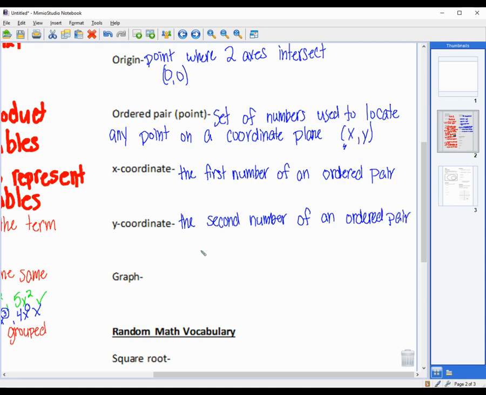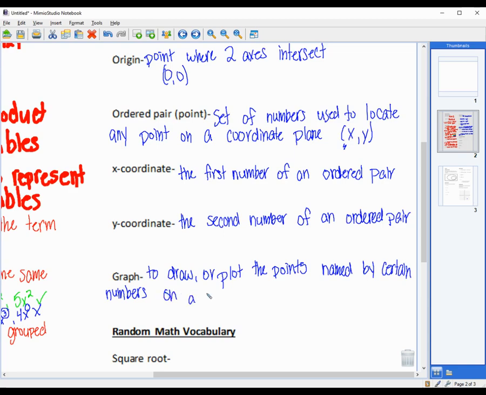All right, cool. Next up, graph. The graph, okay? So definition of graph here, to draw or plot the points named by certain numbers on a coordinate plane.